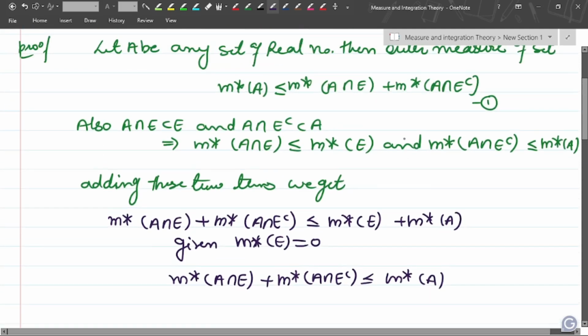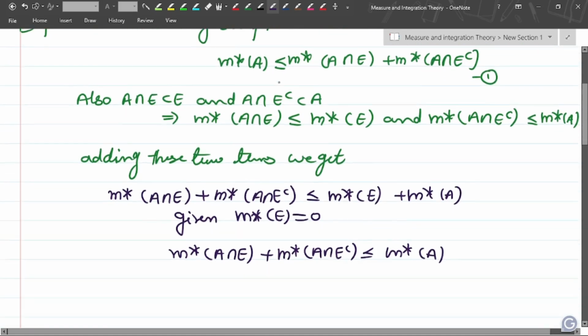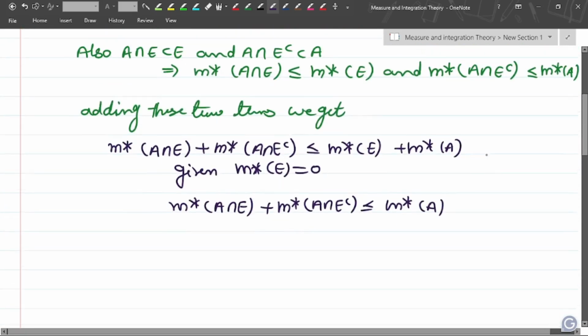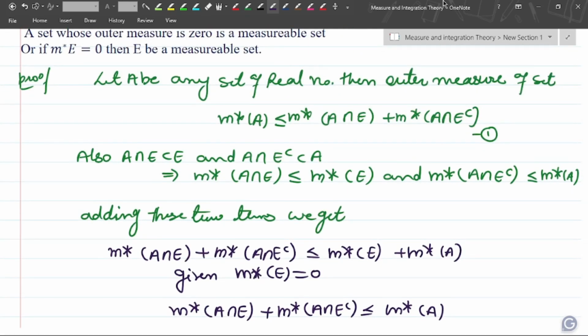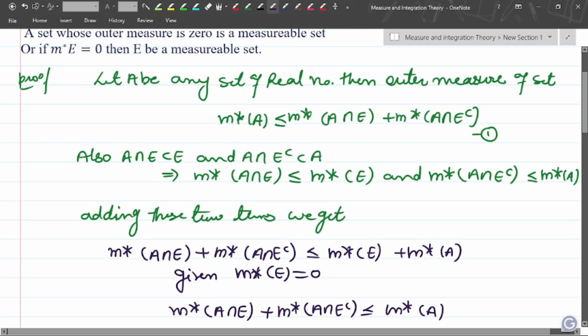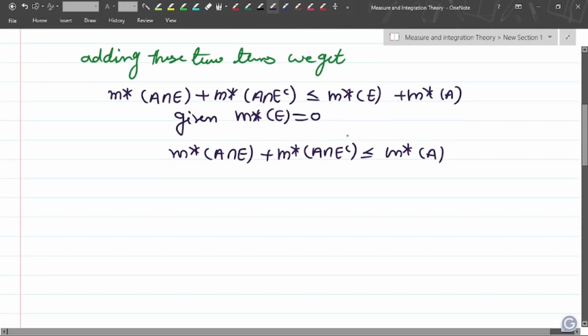And we have already considered that the outer measure of A is less than this, that is the property we have, and here it is greater than. Then we take this as equation number 1 and this as equation number 2.